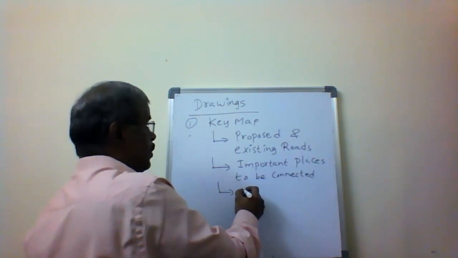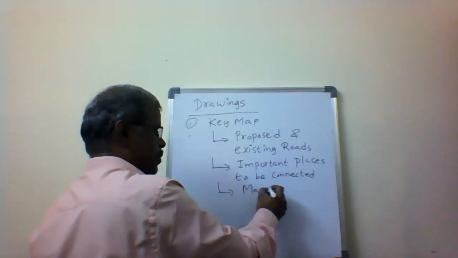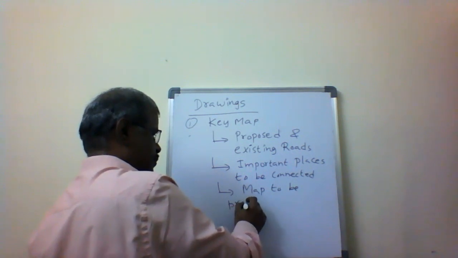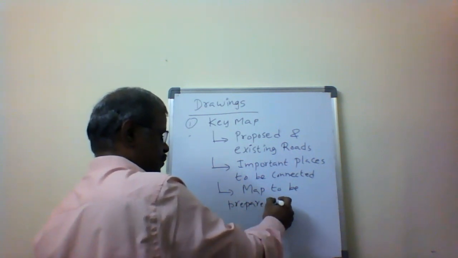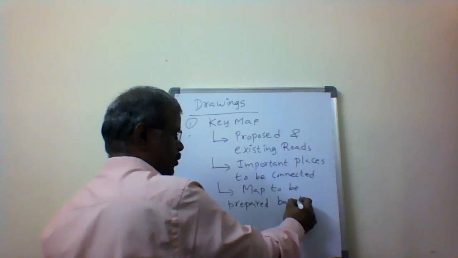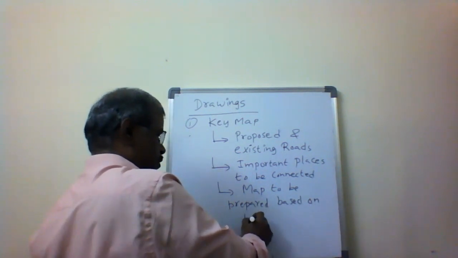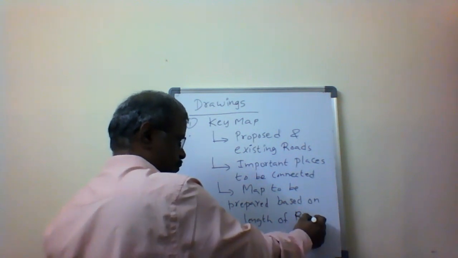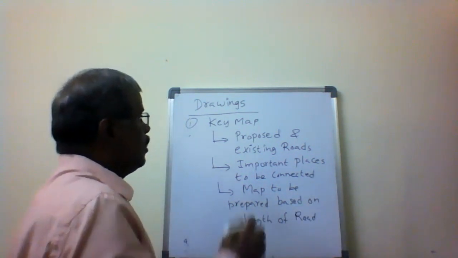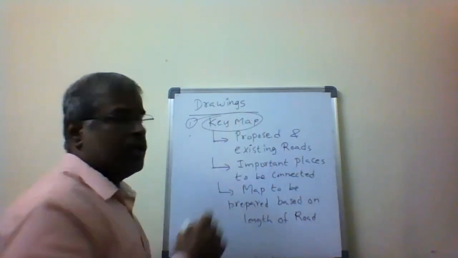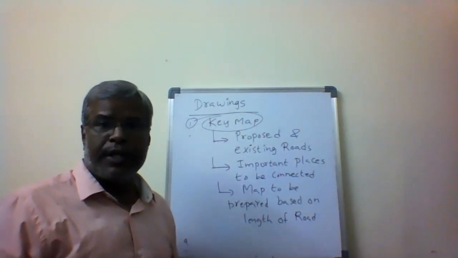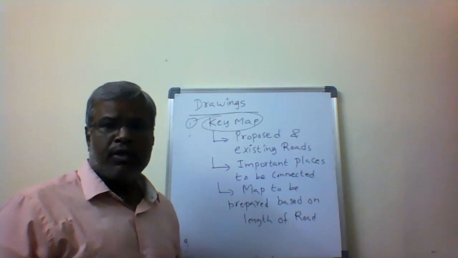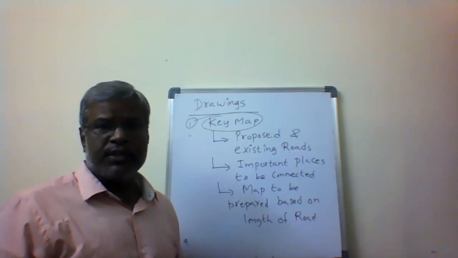The map is going to be prepared based on the length of the road. So the key map is going to be covering the proposed and existing roads, important places to be connected to the road, and the map to be prepared based on the length of the road.